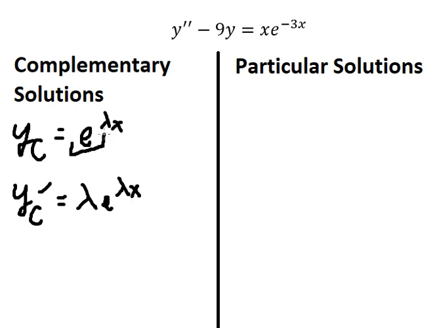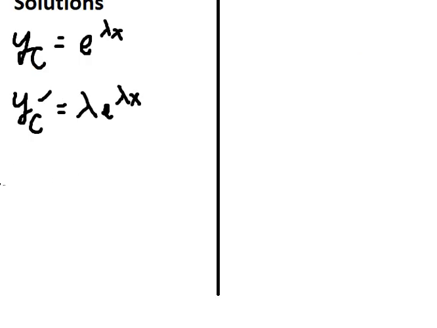Because if we do the first derivative of e to the power of lambda s, we keep the same e to the power of lambda s. Later, we need to do the first derivative of lambda s. You got lambda. Now we go to the second derivative of yc, and we got this one.